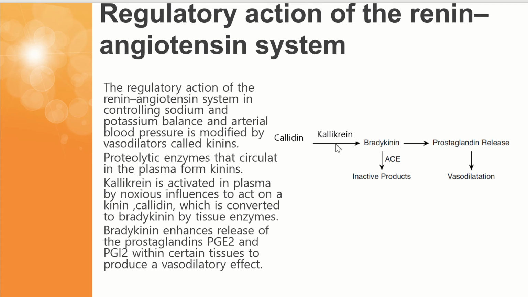So bradykinin enhances release of the prostaglandins, right? So PGE2 or PGI2 within certain tissues to produce a vasodilatory effect. So we can see therefore that our body is so regulated so that we have a system in place that can cause vasoconstriction, and we also have a system in place that can cause vasodilation.